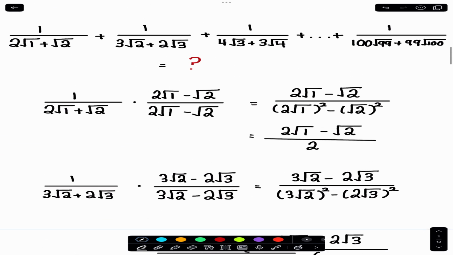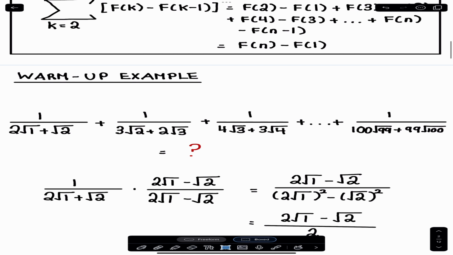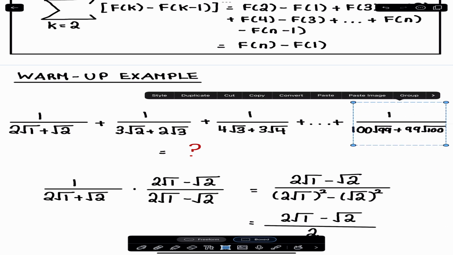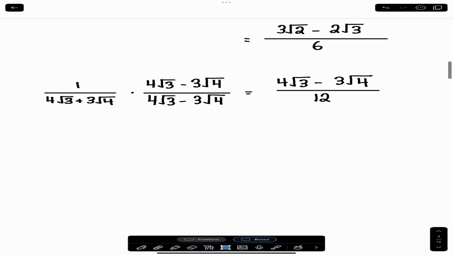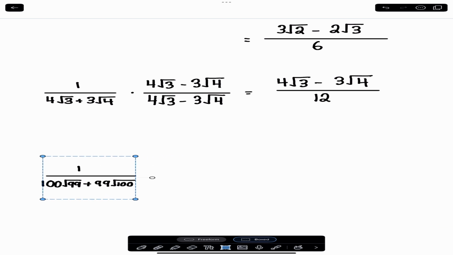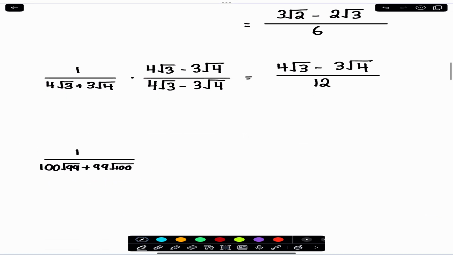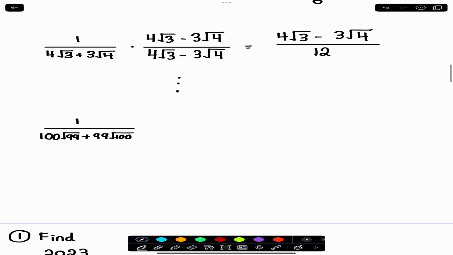And let's do this last term that we can see. So this term at the end, I'm just going to put a little dot dot dot because obviously everything else in the middle we can't forget about.